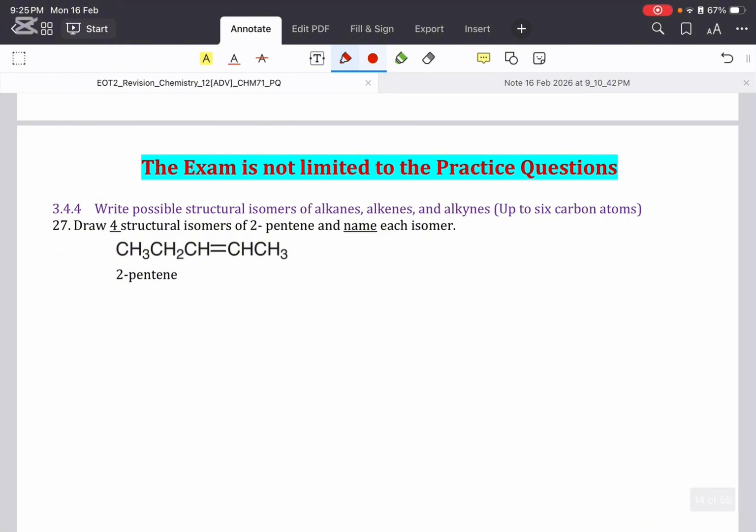Next question. Draw 4 structural isomers of 2-pentene and name each isomer. Now in this KPI, what should you expect in the exam? They are giving you to write possible structural isomers of alkane, alkene, or alkynes, and you're gonna get only up to 6 carbons. So what would be the possible questions?